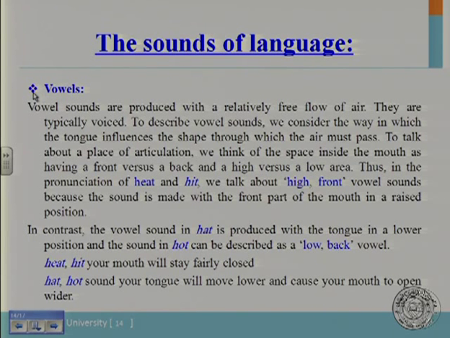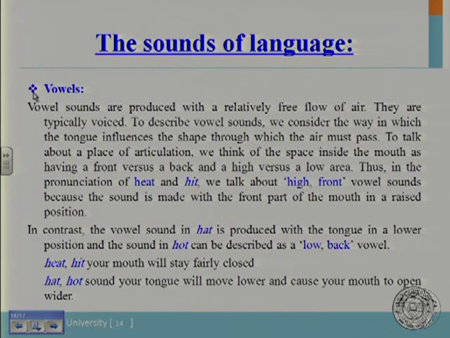In heat and hit, your mouth will stay fairly closed, because the tongue goes up high. But when you say hat or hot, your tongue moves lower and causes your mouth to open wider. See the difference here?